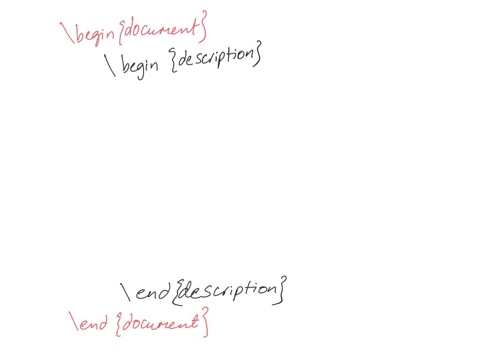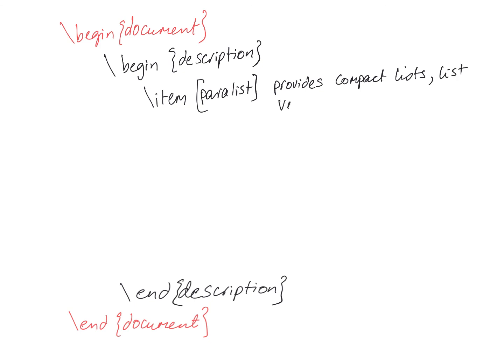So let's start with an item, right? So item, paralist, and then this provides compact list versions, right?